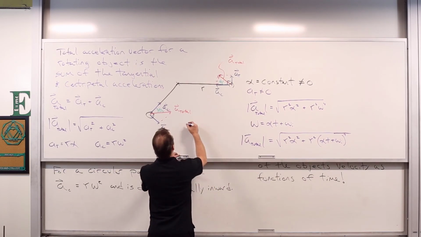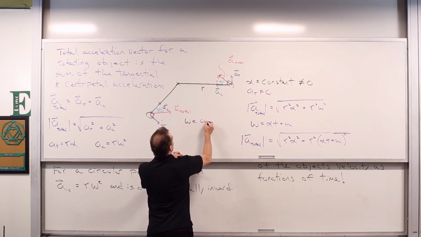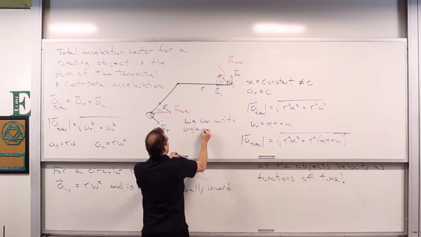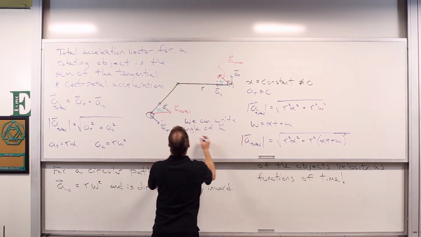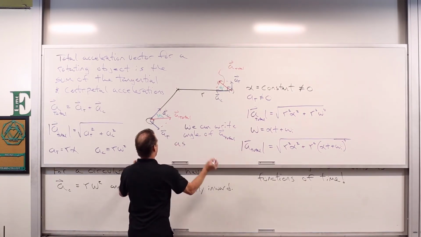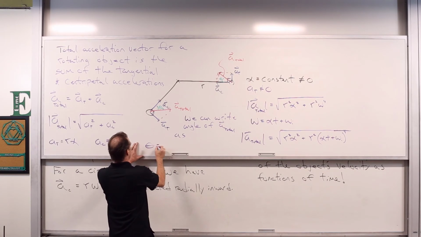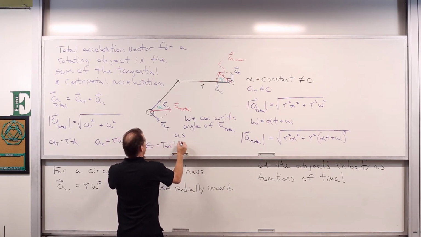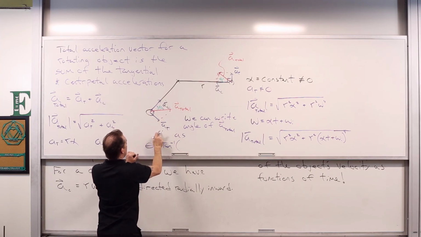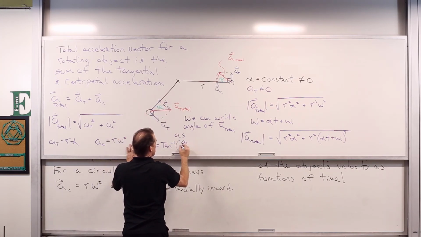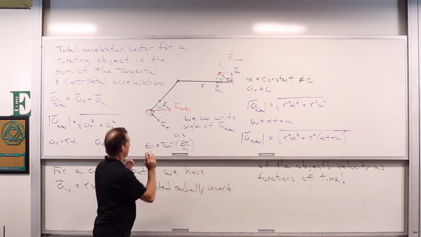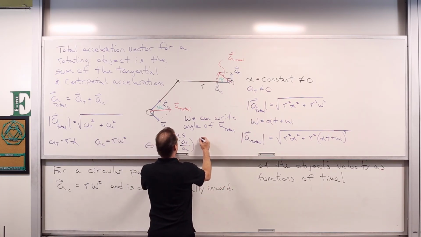We can write the angle of the total acceleration as theta equals arctangent of opposite over adjacent, which is a sub t over a sub c. And that is with respect to the direction of a sub c.